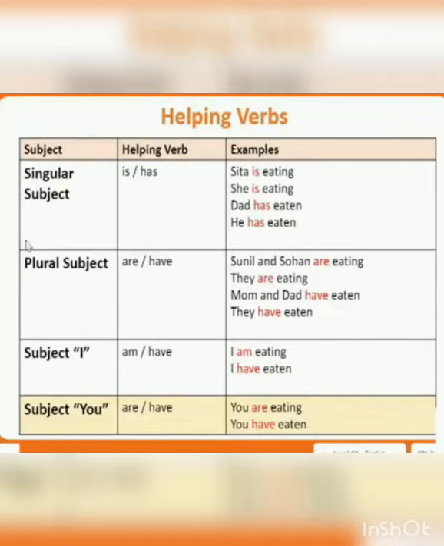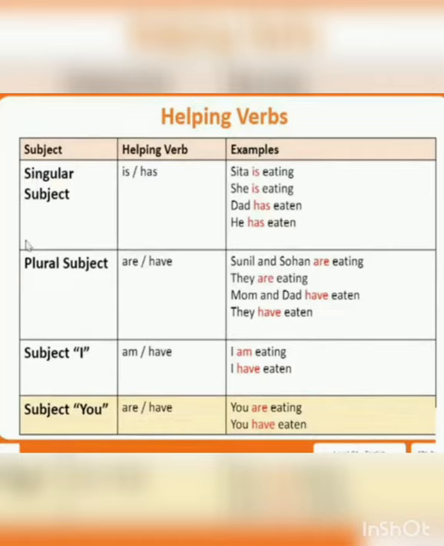Where the work is going on, there we will use are. They are eating. And see the third sentence, mom and dad have eaten. Here, work is completed, eaten. So, here with the plural subjects, we will use have. They have eaten. Mother and dad have eaten.